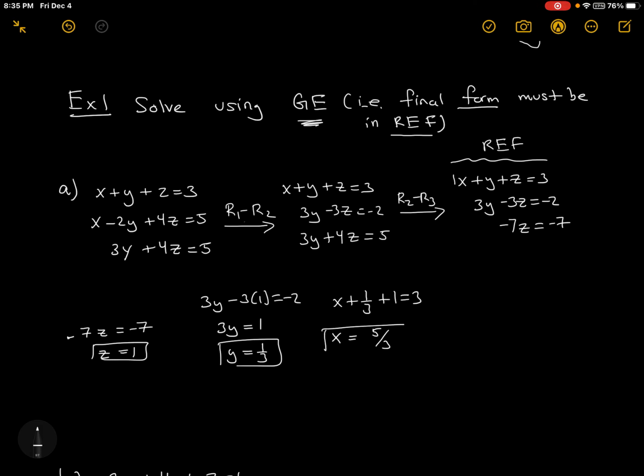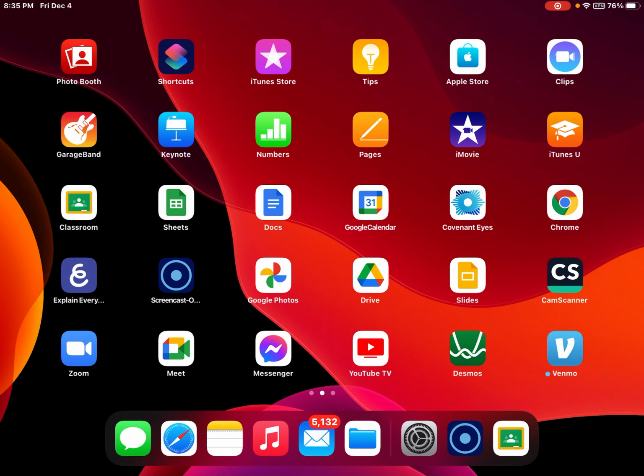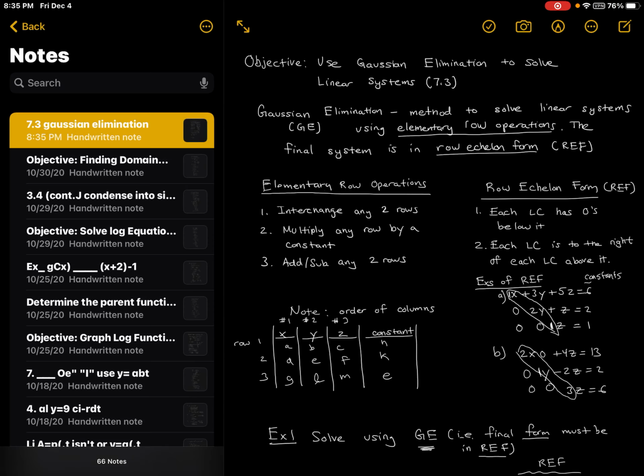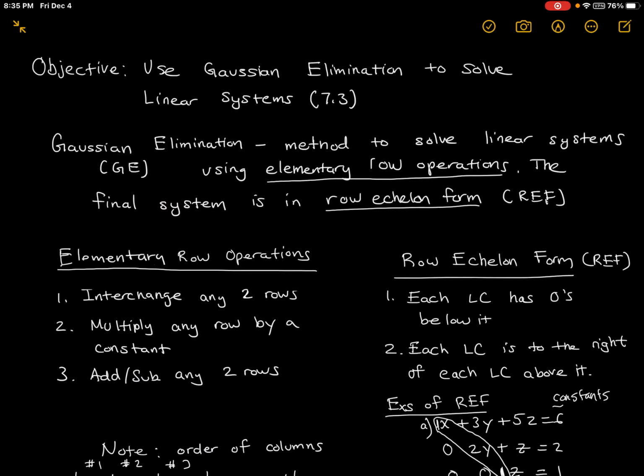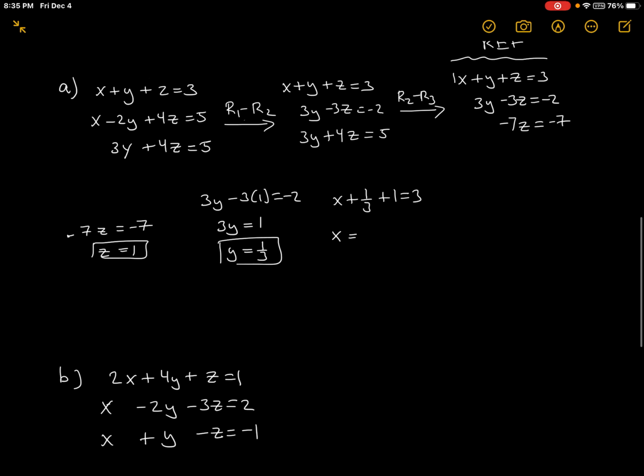Okay, so your final answer will yield 5/3, 1/3, and 1. Sorry about that. X is equal to 5/3. So 5/3, 1/3, and 1.